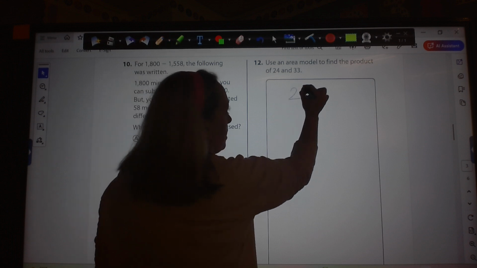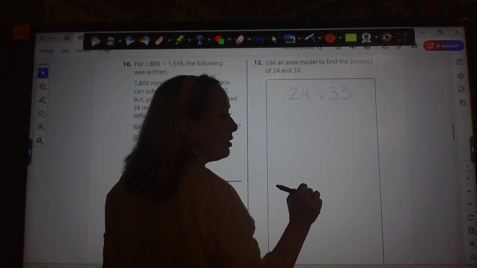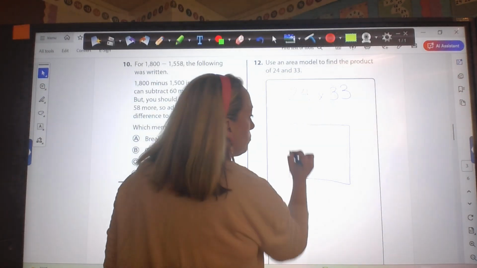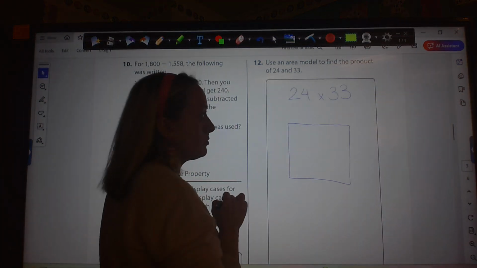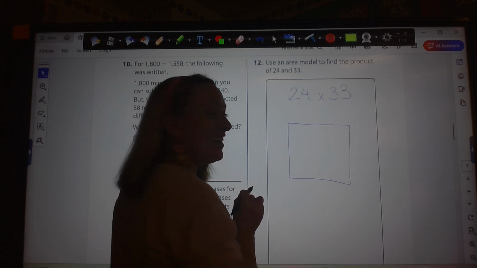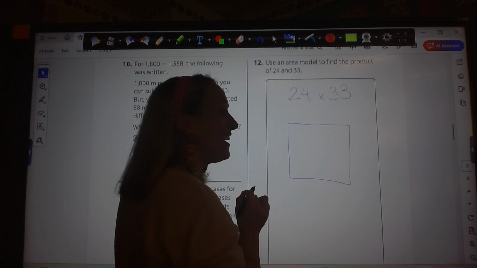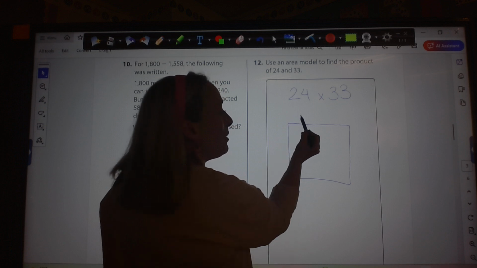Okay. I'm doing 24 times 33, yes. What am I going to draw? A box. Thank you. What am I going to put here and here?